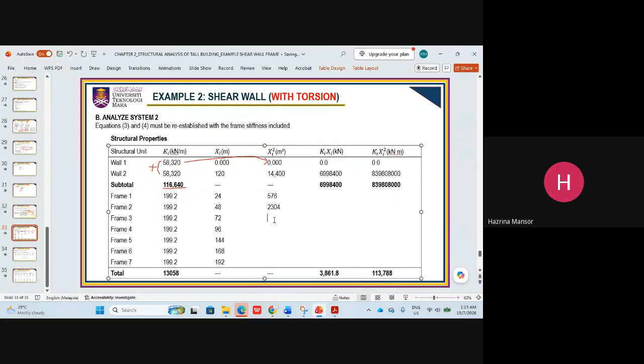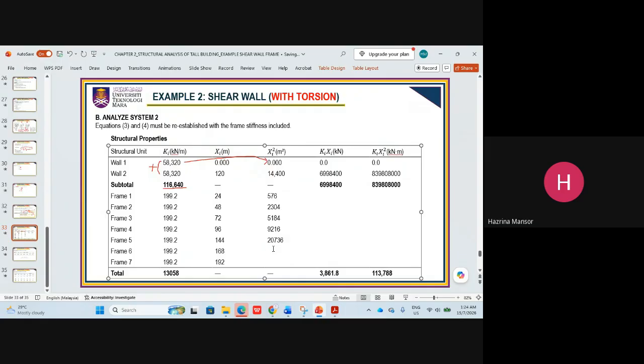So you get 5184, and then you have 96 squared, which is around 9216. 144 squared is 20736.